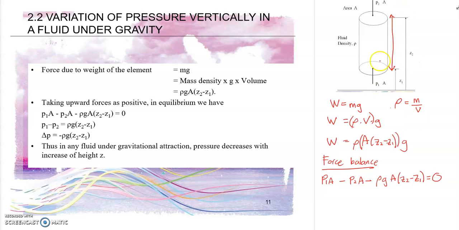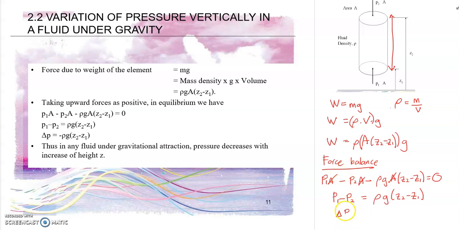You have three forces here. Since you have A in all the terms, you can cancel out A. So P1 minus P2 is equal to rho g (Z2 minus Z1). Here, P1 minus P2 is delta P.